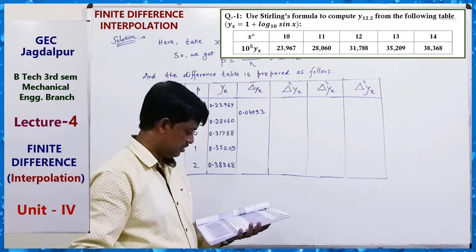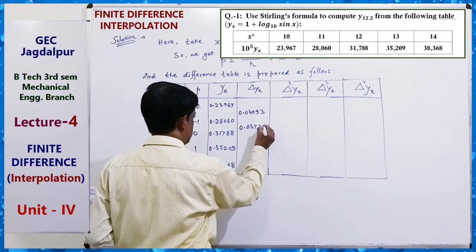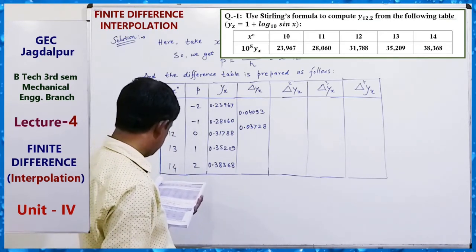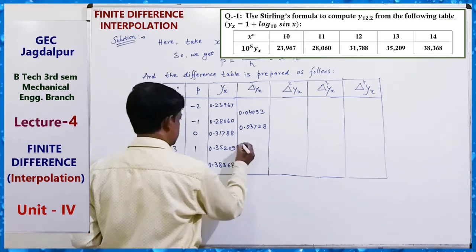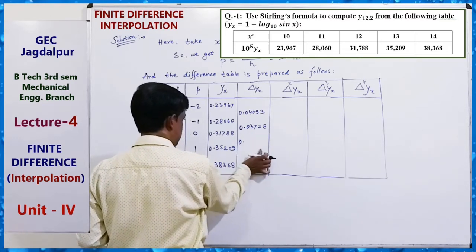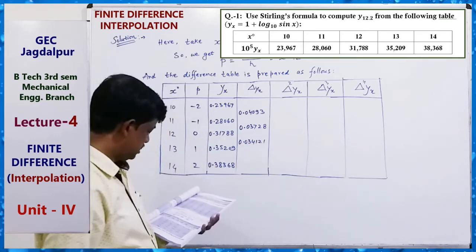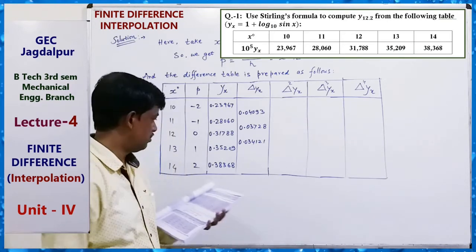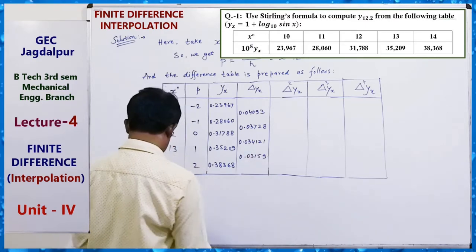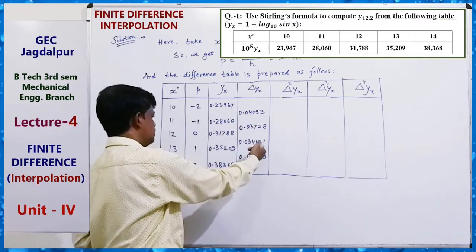Just subtract and write 0.03728, and also subtract 0.03412, and 0.03159. Just the difference: this minus this, this minus this, write it.